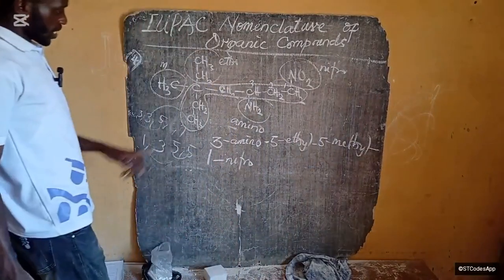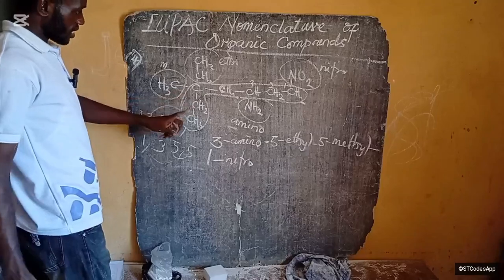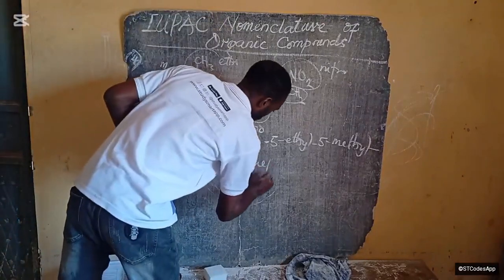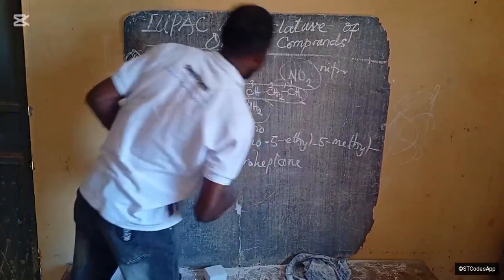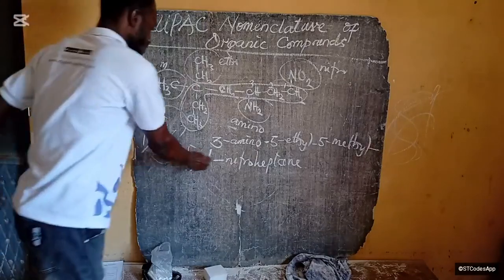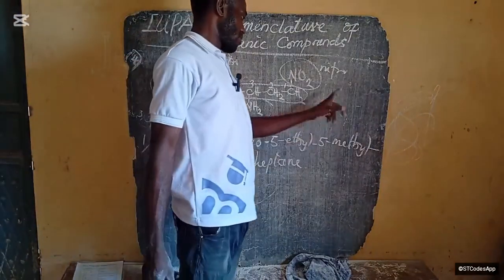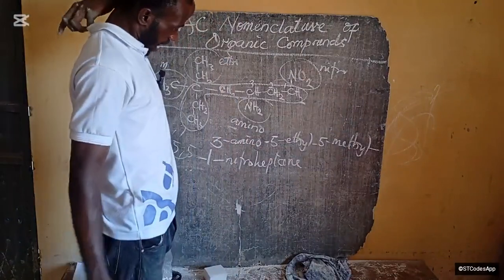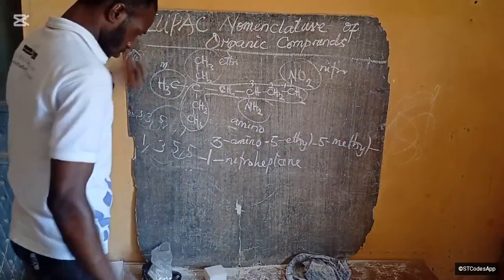Then how many carbons did we count? 1, 2, 3, 4, 5, 6, 7. Heptane. So that is going to be the name of this one. We have 3-amino-5-ethyl-5-methyl-1-nitroheptane.